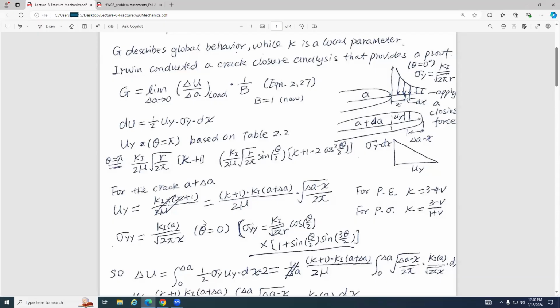Here, the Ki refers to this new condition, a new crack, A plus delta A, and then multiplied by the square root of 2 pi times delta A minus x. Delta A minus x is the distance from the crack tip to the point of interest.